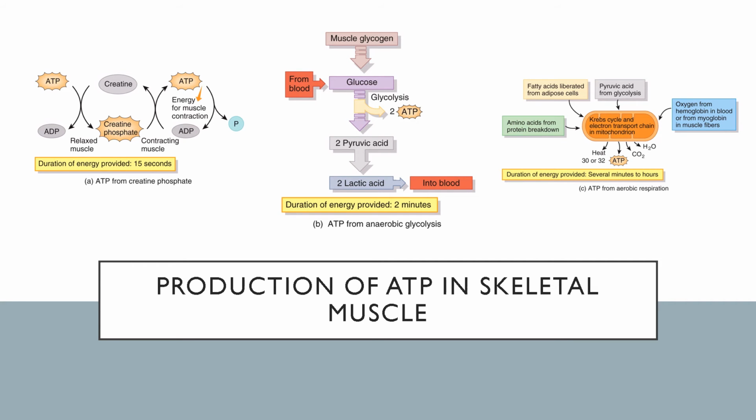Now, when muscles are relaxed, they produce more ATP than they need for resting metabolism. Most of the excess ATP is used to synthesize creatine phosphate. Creatine phosphate is a really energy-rich molecule that's found in muscle fibers.